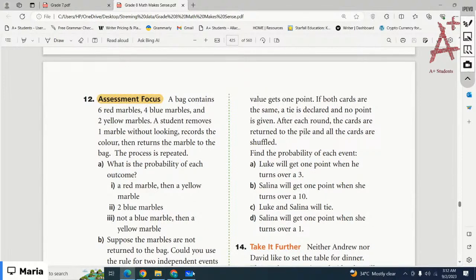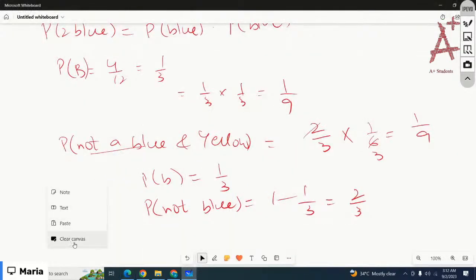So you have to calculate the probability of x less than 3, because over 3 he gets 1 point. You have two numbers that are less than 3, 1 and 2. It would be 2 over 10 because the total cards are 10, so it would be 1 over 5.